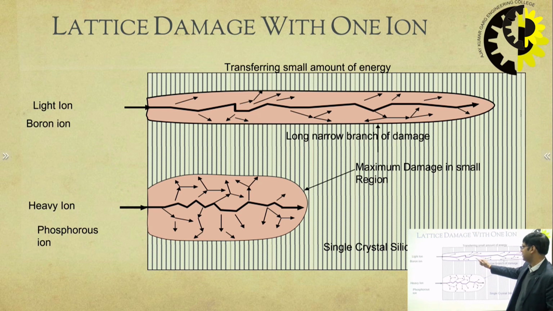Whereas a lighter ion, which can travel a longer distance, causes long narrow damage.